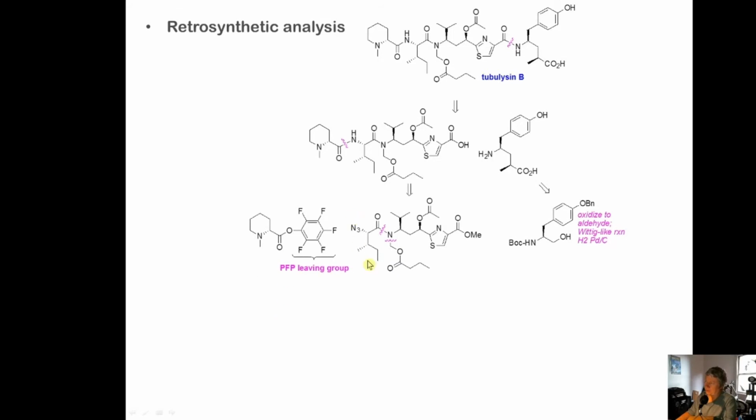This is a little bit troublesome because when they're trying to create this bond, it's congested with this alkyl chain here. It looks kind of like an isoleucine type piece. When you have a congested amine and you're trying to make an amide linkage, that's actually kind of tough. So they did something kind of cool.